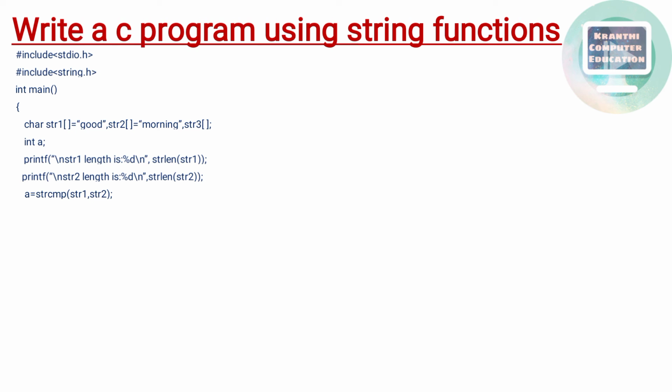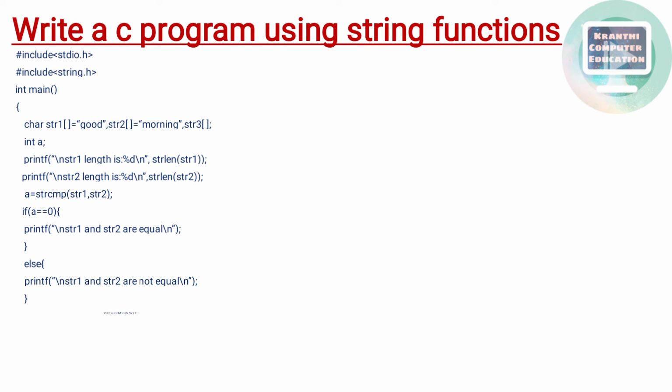I store the result in variable a equals strcmp of string1, string2. If a equals 0, then printf "string 1 and string 2 are equal". Else, if a is not equal to 0, then printf "string 1 and string 2 are not equal".